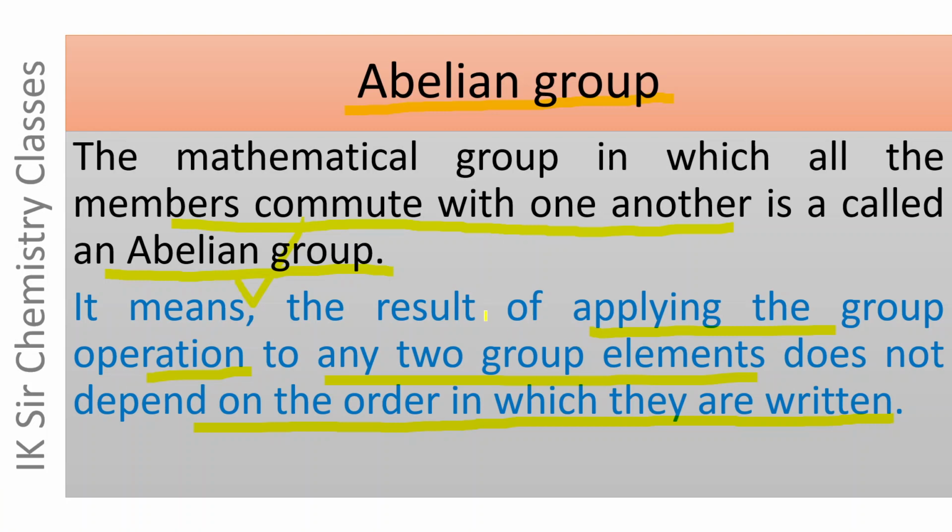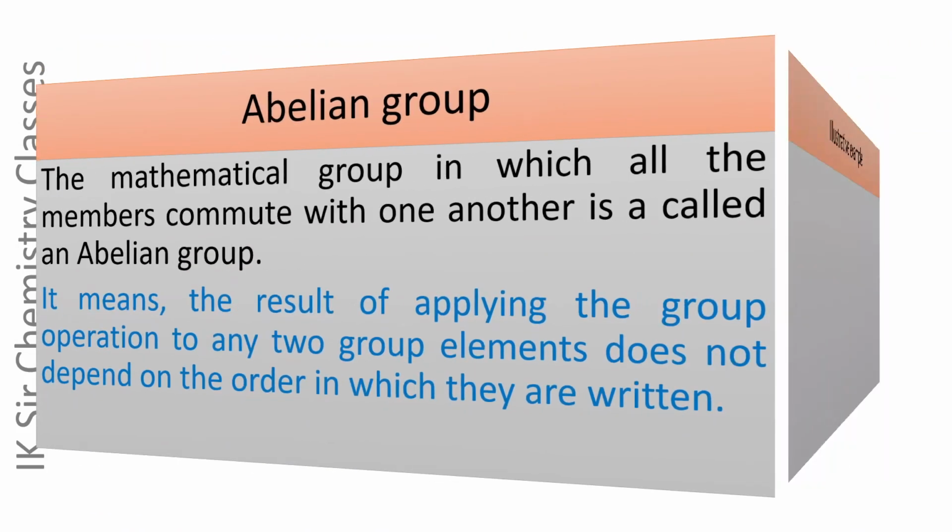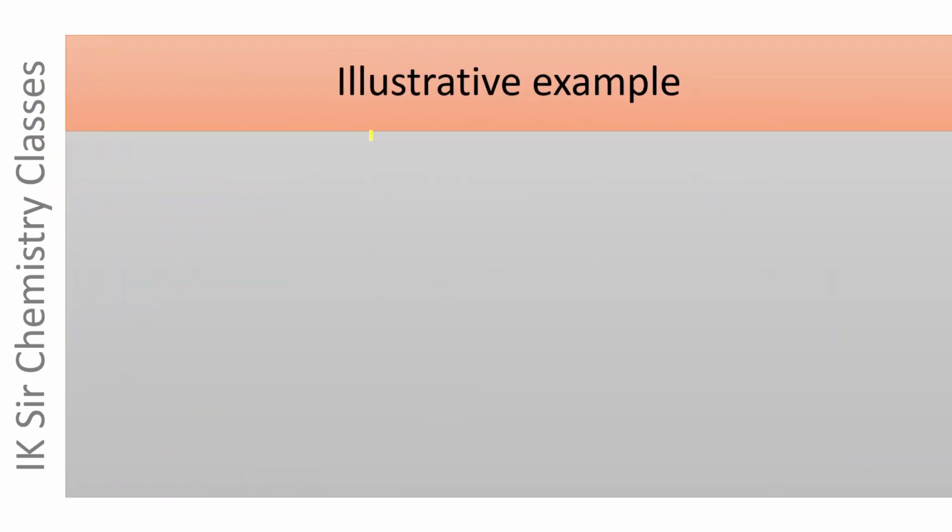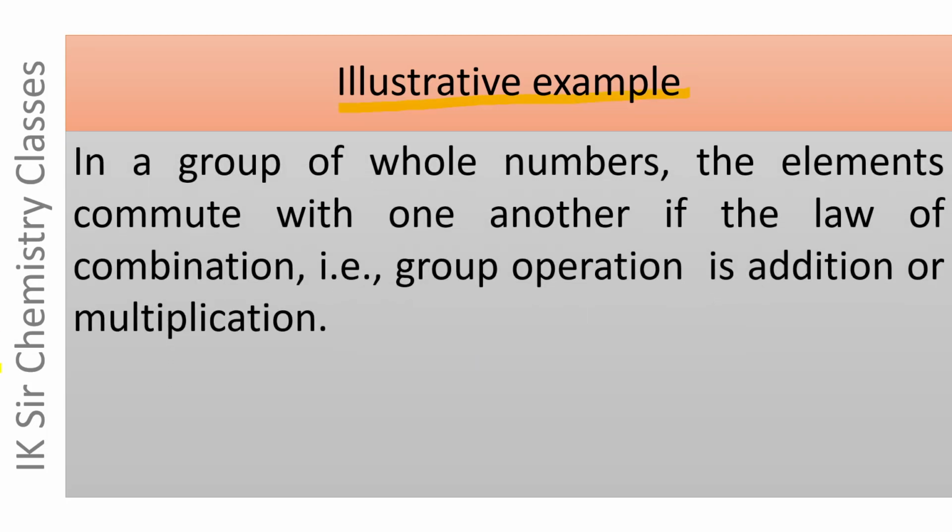The net result of applying the group operation to any two group elements does not depend on the order in which they are written. Let us illustrate it taking a few examples.